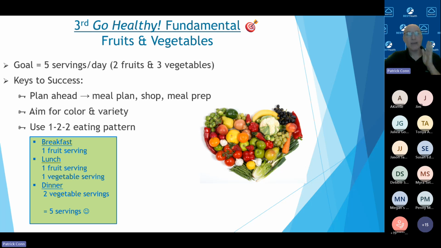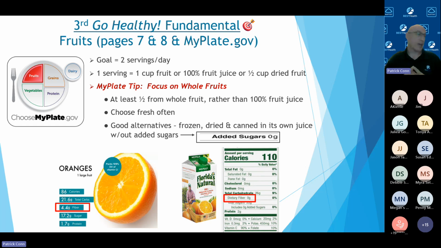Now let's break the fruits down and let's break the vegetables down, and then learn some tips on how to increase those. As I go along, if you have questions, shoot me a chat or unmute your mic. So the fruits. If you're looking at your program booklet, it is on page 7 and page 8.